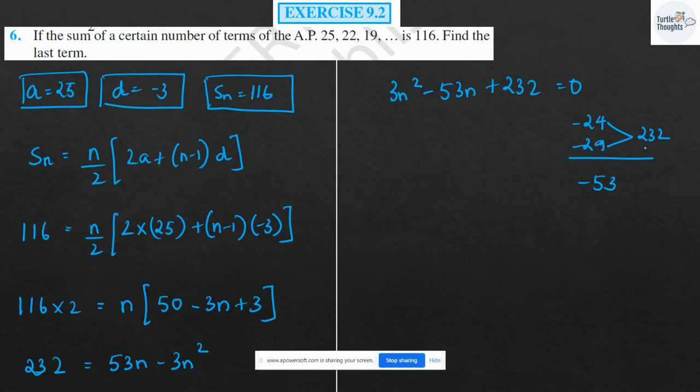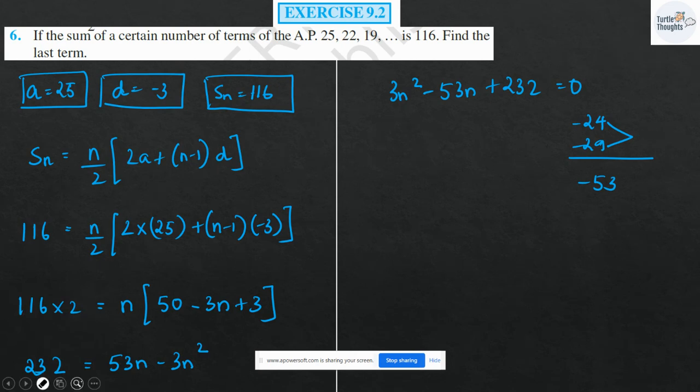I think this you will be getting, right? Check once. No, this is not 232.